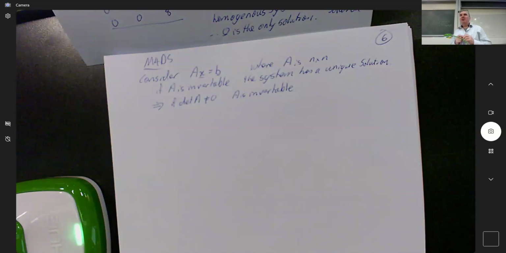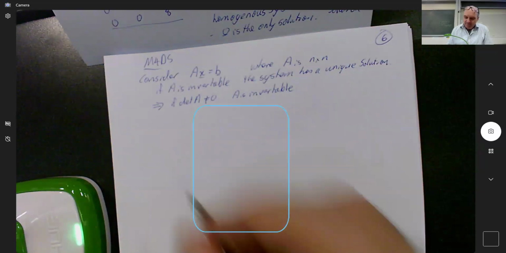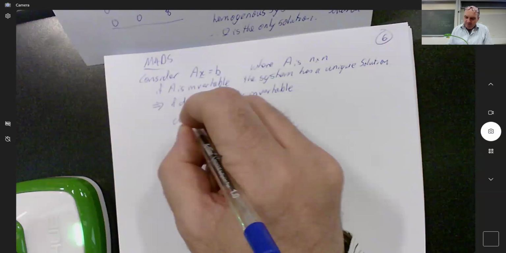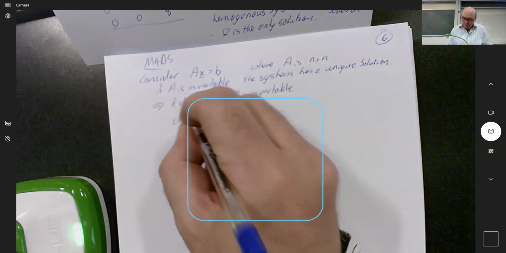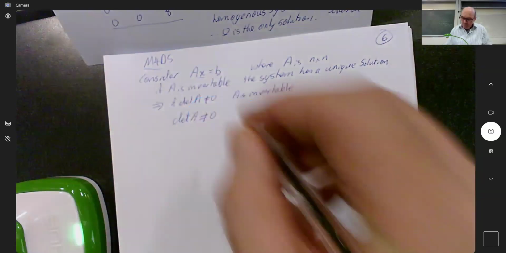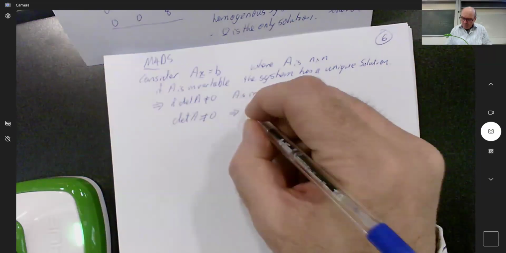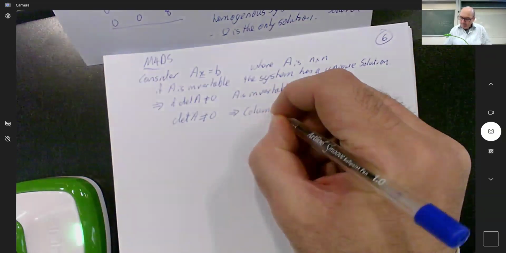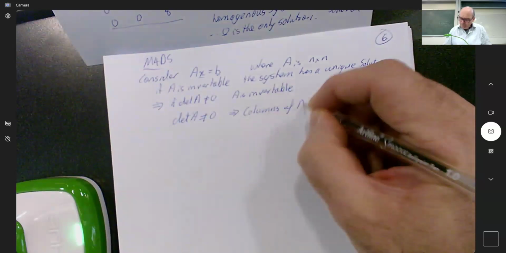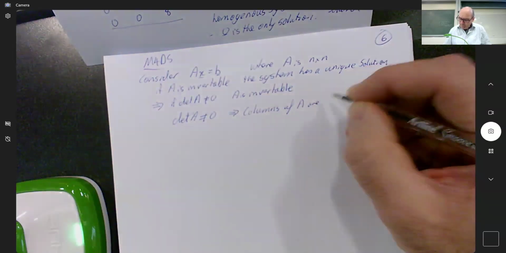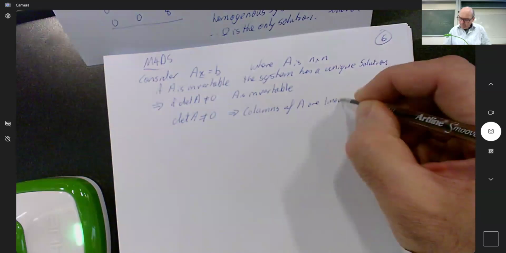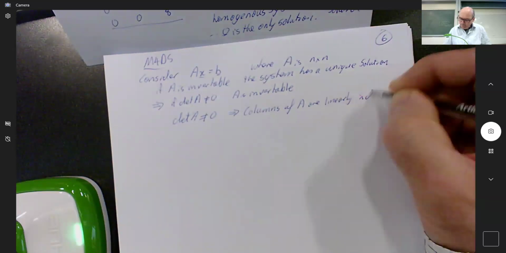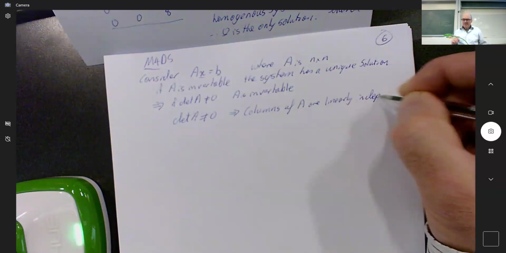So I might be able to go, hey, if the determinant of A is not equal to 0, that implies invertible.